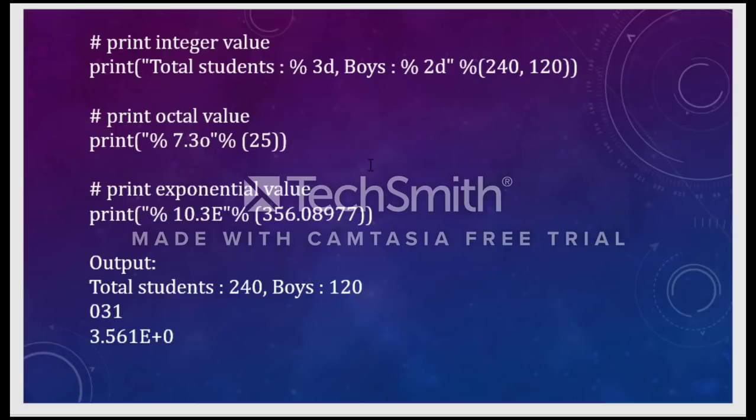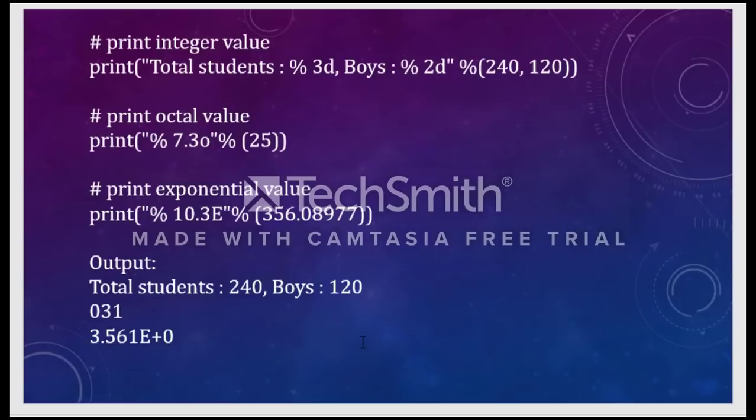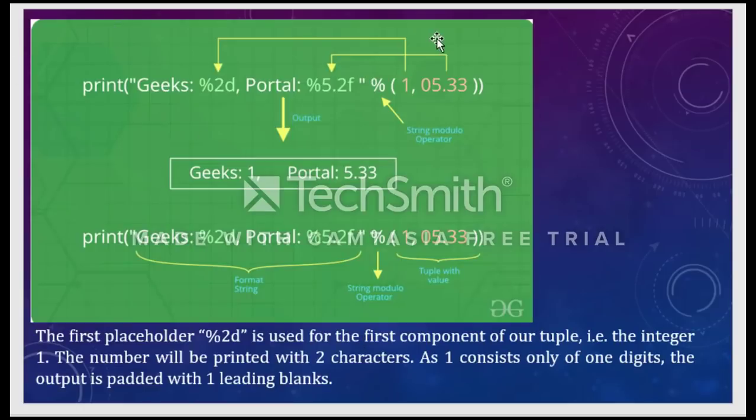Now I'll explain what this 3d and 2d mean, and in the previous example the 2d here and 5.2f here. So there is a print function, I am writing geeks, then using percentage 2d. What is this 2d? It is nothing but the total number of characters that I am displaying for the number.